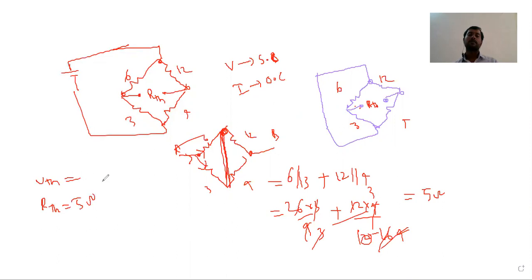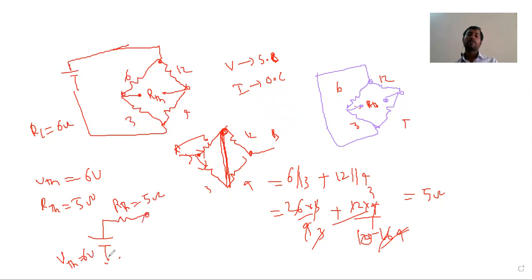VThevenin is 6 volts. Now the load resistor RL is equal to 6 ohms. So this is VThevenin, this is RThevenin, and this total circuit I represented in terms of RThevenin, which is equal to 5 ohms. VThevenin is 6 volts.